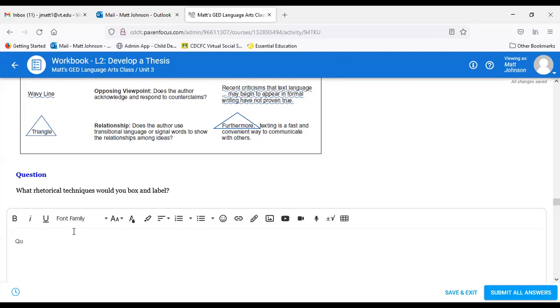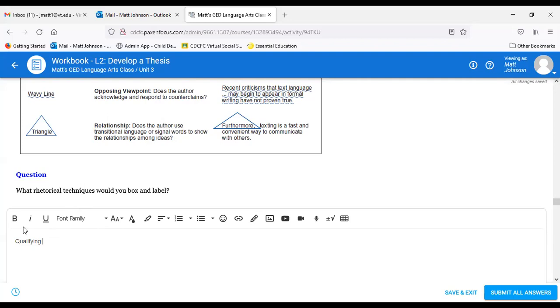Yeah, we'll put qualifying. It can go either way. Qualifying can emphasize a point, like we talked about: many people were injured in the explosion, even more people were killed. That's qualifying and adding emphasis. Qualifying can also be those statements that weaken an argument, like this could happen, this should happen, this may happen.